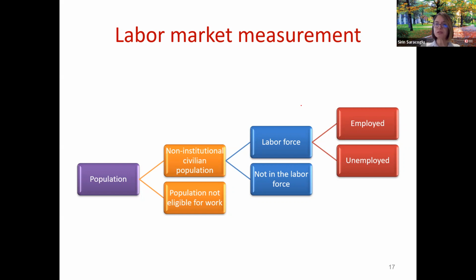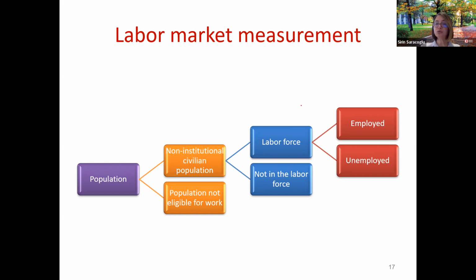Being employed means you can be working part-time, you can be working full-time, or even if you are working for 1 hour a week, and you get wages for it, you are still employed.